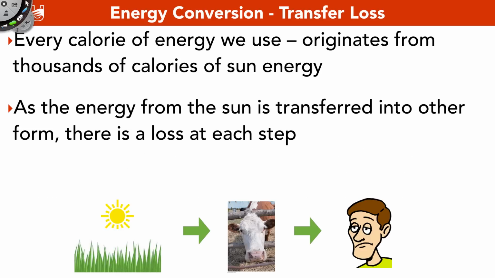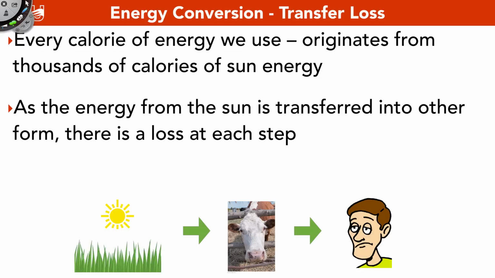Now, every calorie of energy that we use comes from thousands of calories of sun energy. A very important idea here is that when you look at a hamburger, it says 500 calories. Technically it's 500 kilocalories, but neither here nor there. You've got a 500 calorie hamburger, right?